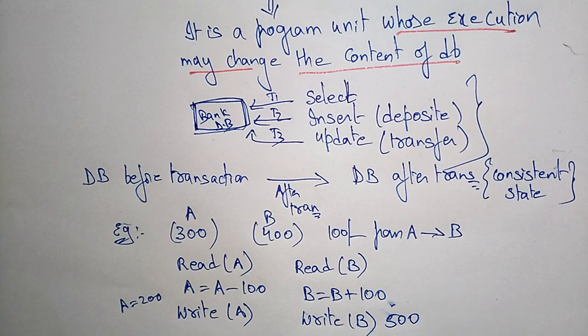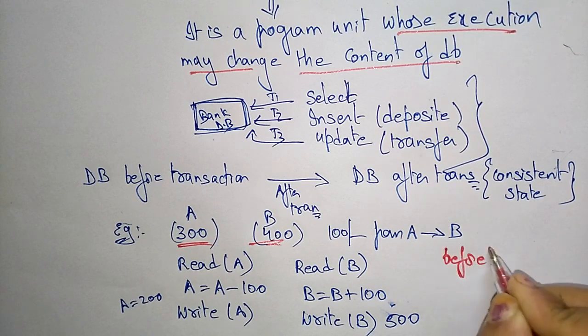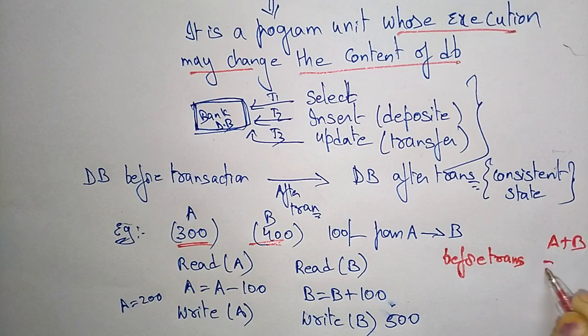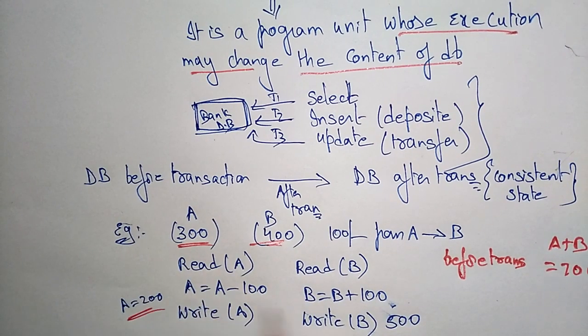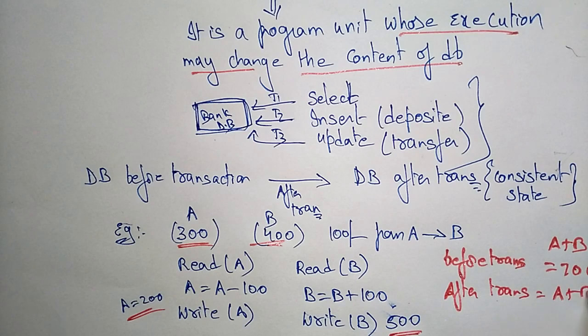Here you have to observe, before transaction, the account value A plus B is 700, 400 plus 300. After transaction, A plus B, that is 200 plus 500, 700.